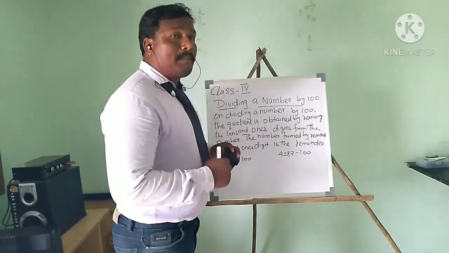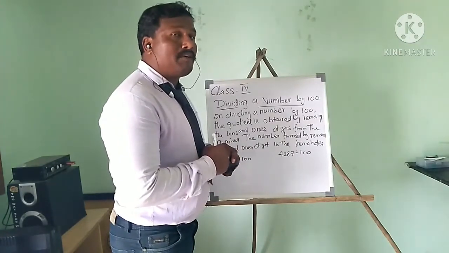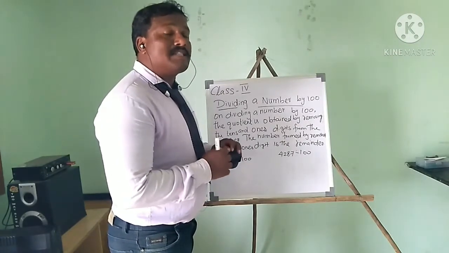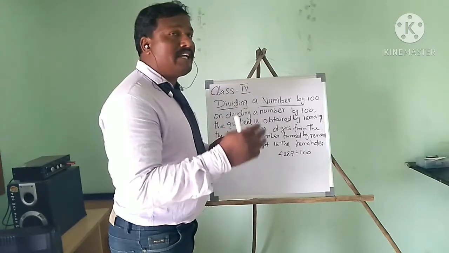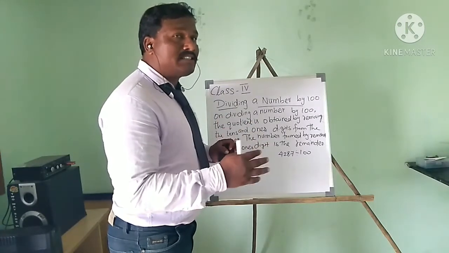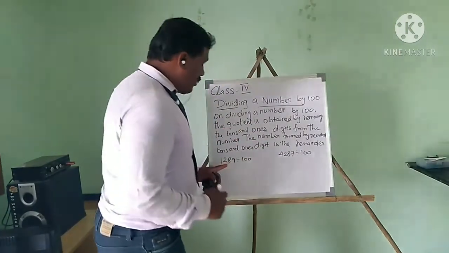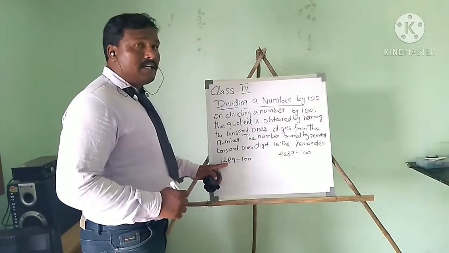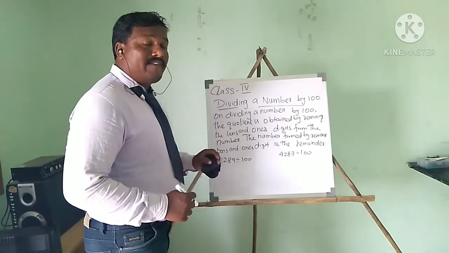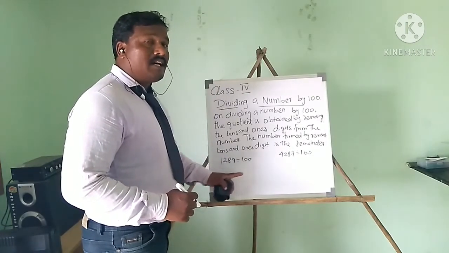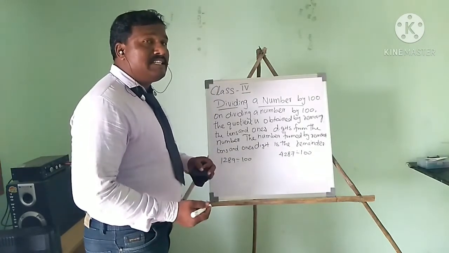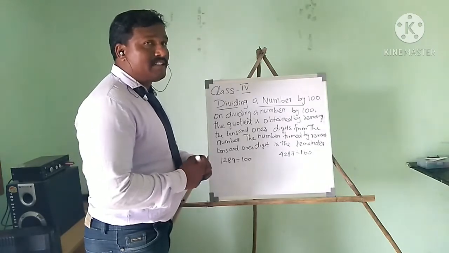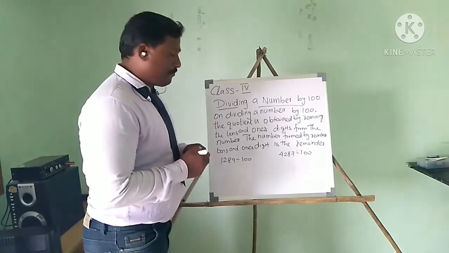Let me take an example, and using it you can easily understand what the rule says when we divide by 100. See now: 1289 is the dividend, and 100 is the divisor. How can we easily find the quotient and remainder without actual division?